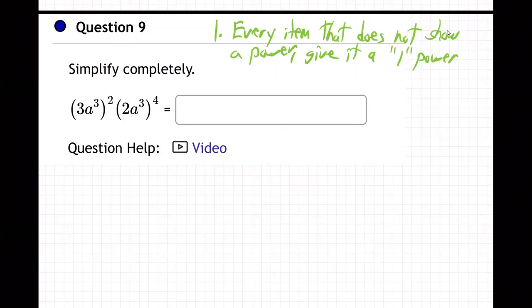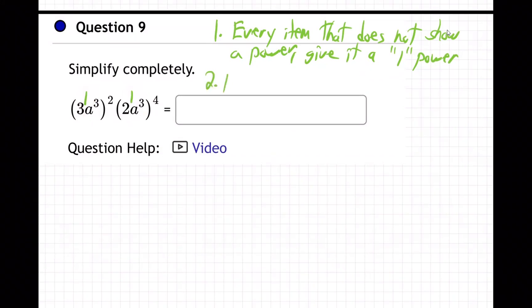So first off, that means I'm going to go 3 to the 1, 2 to the 1. See how they're not showing their power? The A is showing his power as third, and this A is showing his power as third as well. But this 3 and this 2 were not showing any power, which means they're really just first power because there's really just one of them.